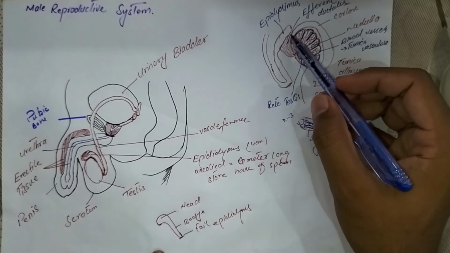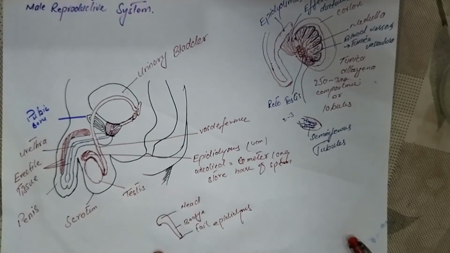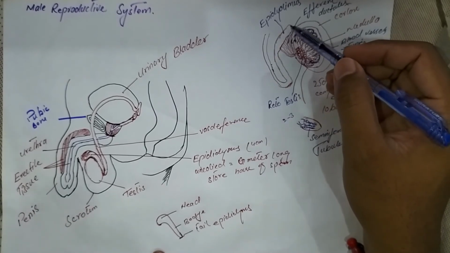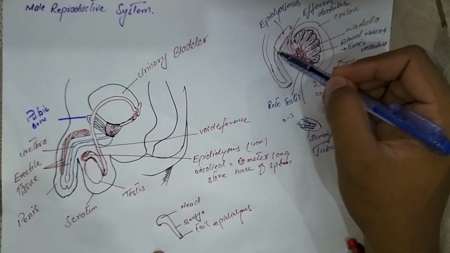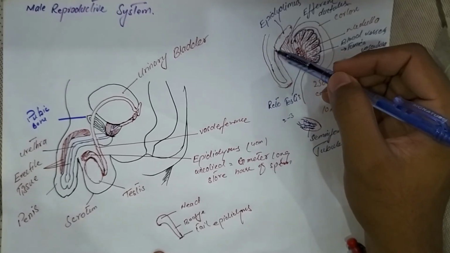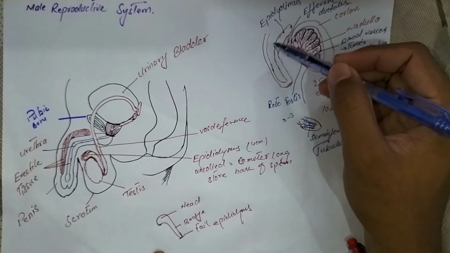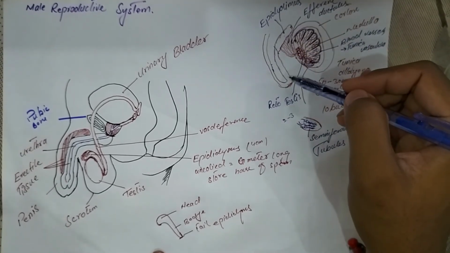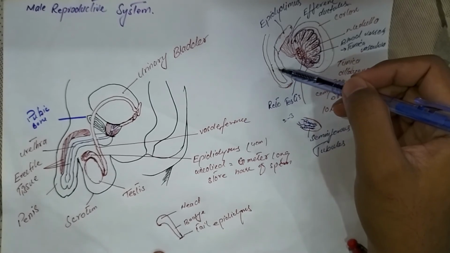As we already know, the epididymis consists of 3 parts: head, body, and tail. Then from the tail the vas deferens starts, and this is all about the male reproductive system.